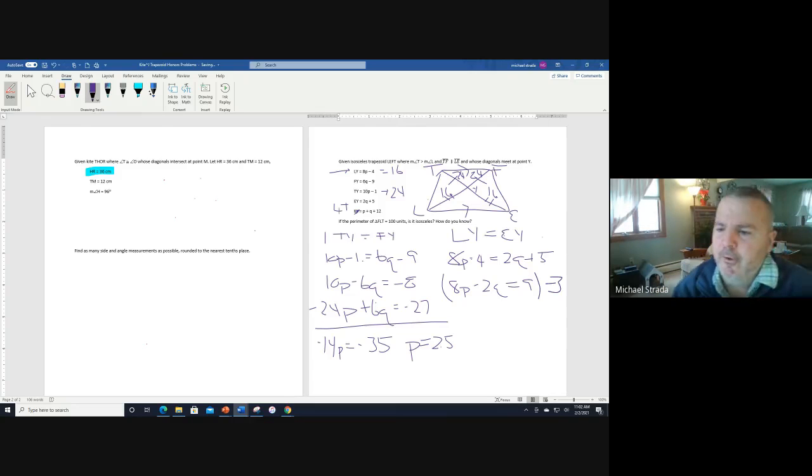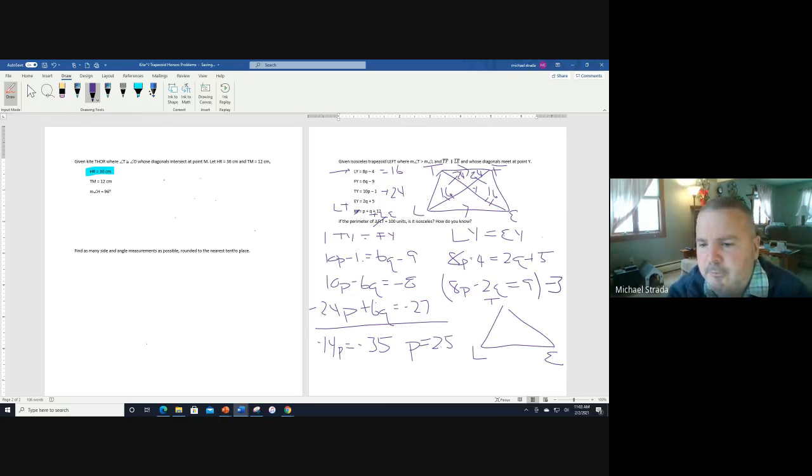Now one other correction you got to make. FLT should be triangle TLE. So let's draw triangle TLE. There's T, there's L, there's E. LT is P plus Q plus 12.